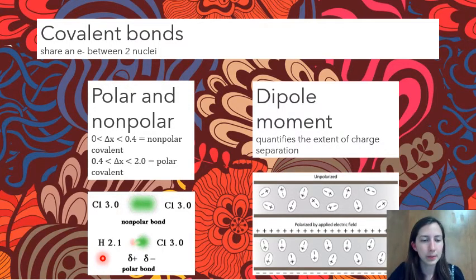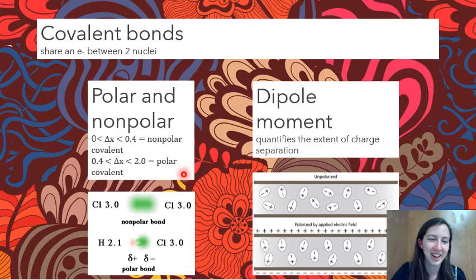For these two, we have hydrogen, which has an electronegativity of 2.1, and chlorine, which has an electronegativity of 3.0. So 3.0 minus 2.1 is 0.9, and 0.9 is between 0.4 and 2.0, so it's polar covalently bonded.